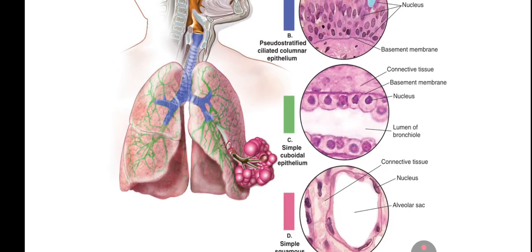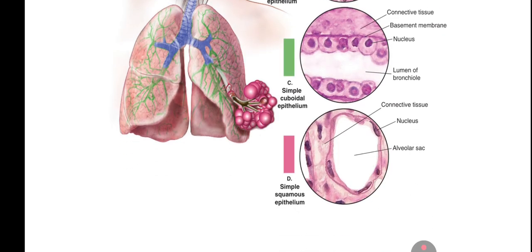If it's green, it denotes simple cuboidal epithelium, which is a lot smaller compared to the columnar epithelium. And then we have the smallest of the smallest, the simple squamous epithelium, which helps facilitate easier and better diffusion of oxygen and carbon dioxide.